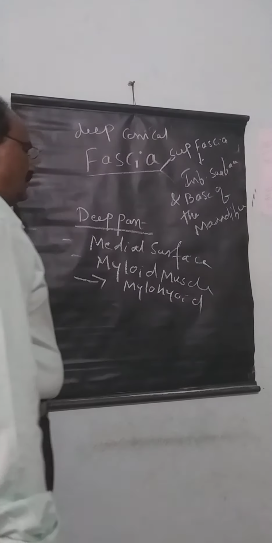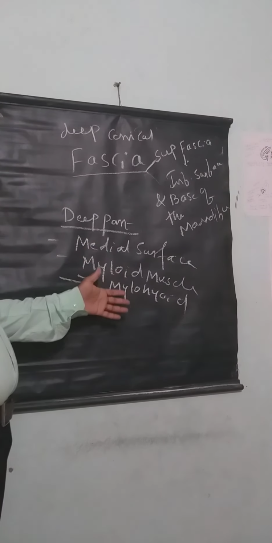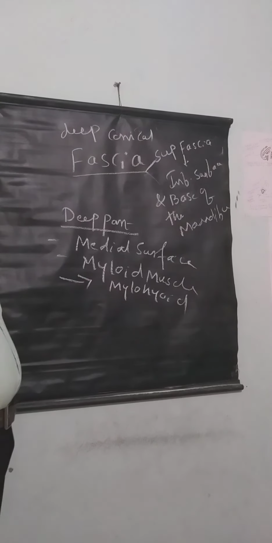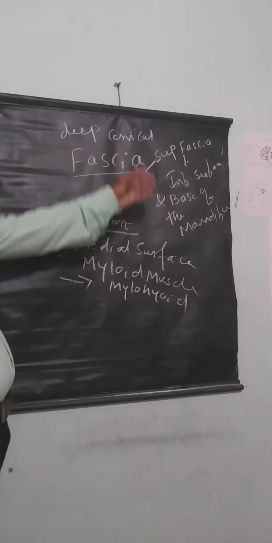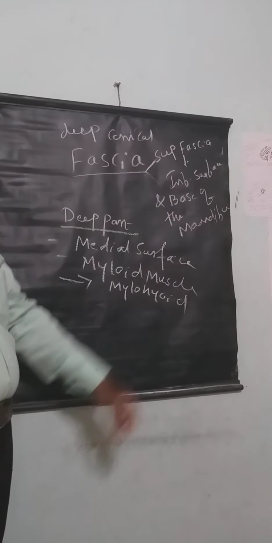The deep part covers the medial surface of the gland, the mylohyoid muscle and mylohyoid line. The superficial part covers the inferior surface of the gland and base of the mandible.